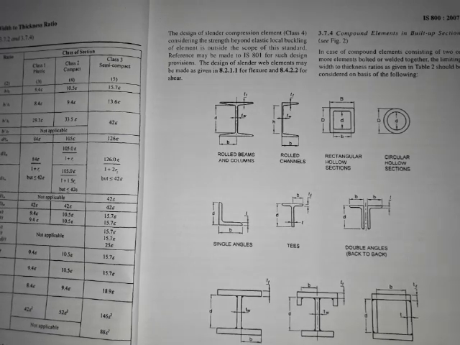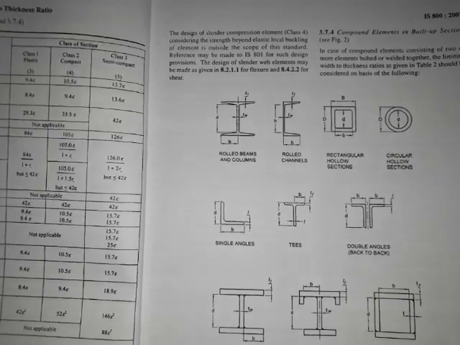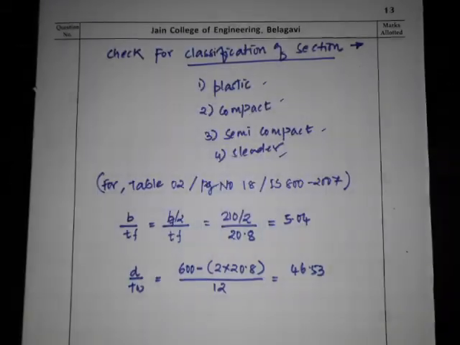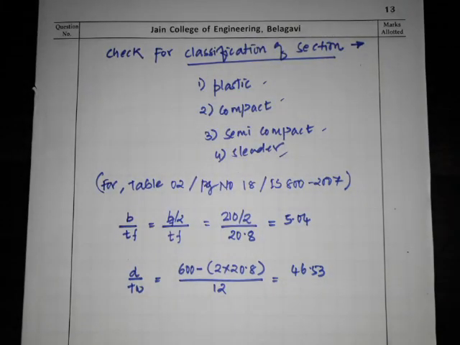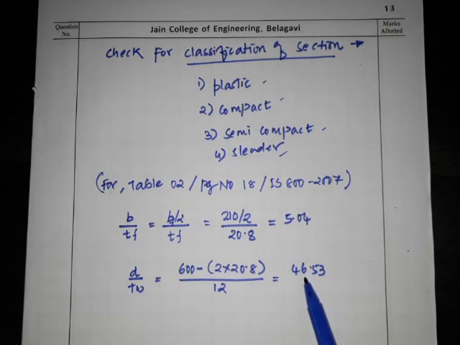With respect to that, we got the ratios here: first 5.04 and second 46.53.